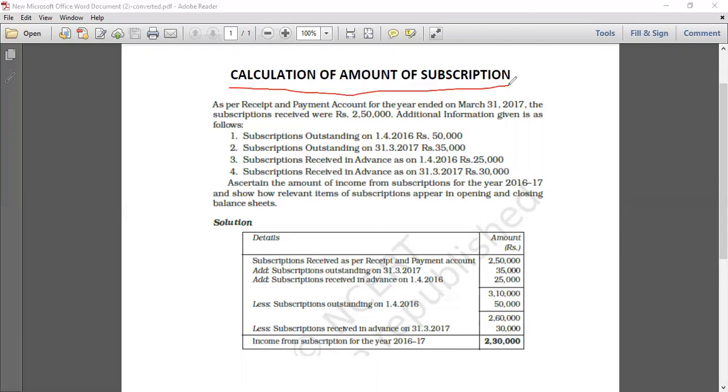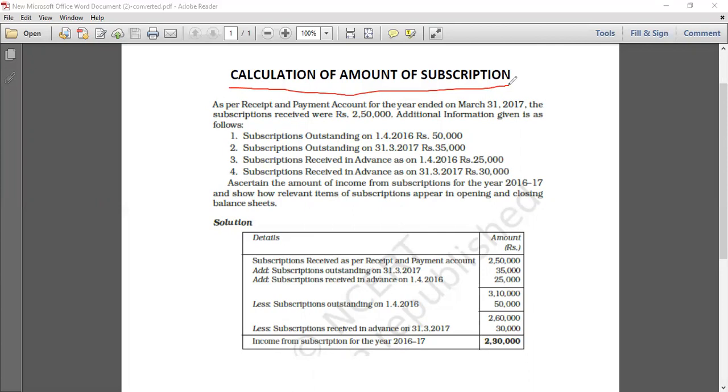So this topic talks about the actual amount that we are required to show in the income and expenditure account, because the subscription received by the organization may include amounts related to the previous year, the current year, and the future year. But we have to calculate only the amount which is related to the current year.